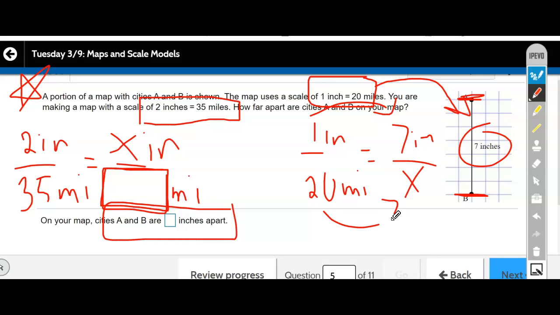Matthew? 140 miles. So now that I know it's 140 miles between those two cities, I can finish my proportion for my scale and figure out how far apart I need to draw mine.